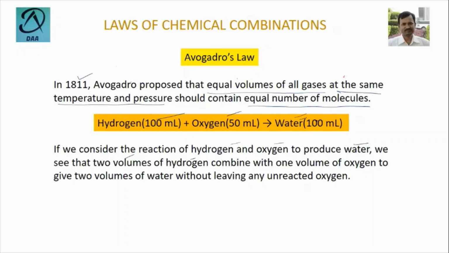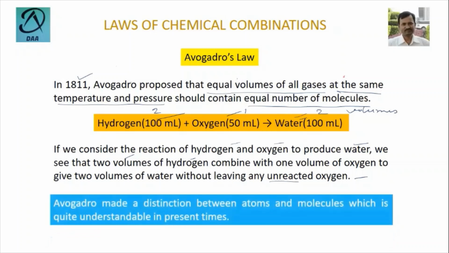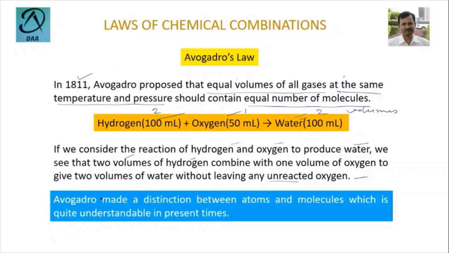That means 50 ml and 50 ml, 2 volumes. And without leaving any unreacted oxygen. That means the whole oxygen is consumed during the reaction. So Avogadro also made a distinction between atoms and molecules, which is quite understandable nowadays.